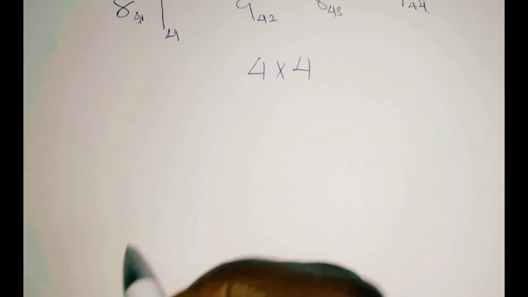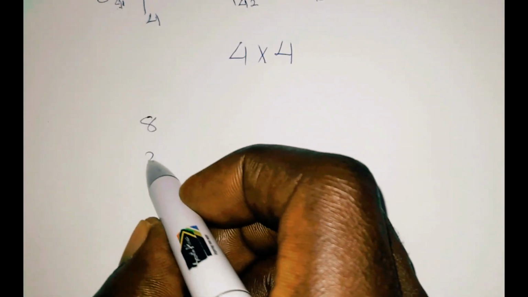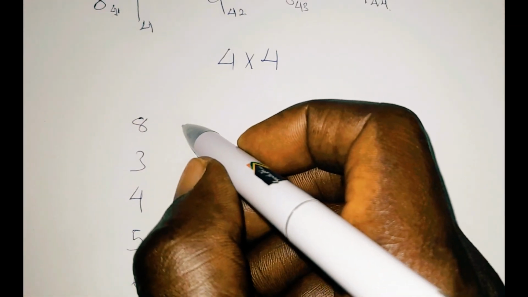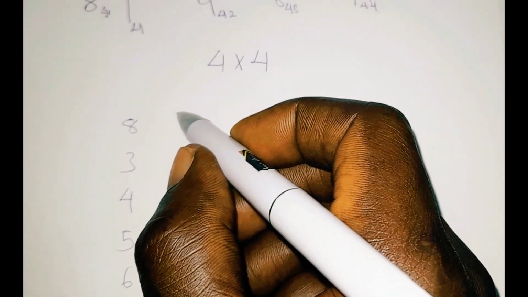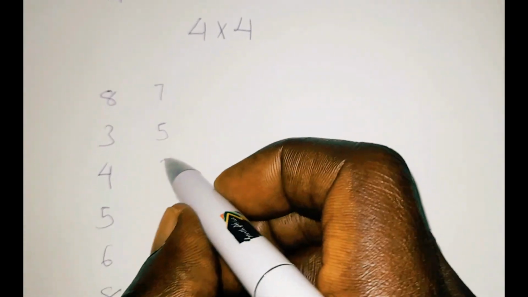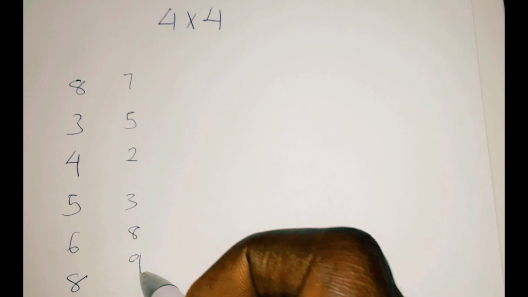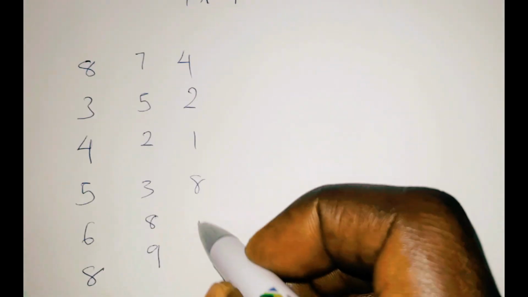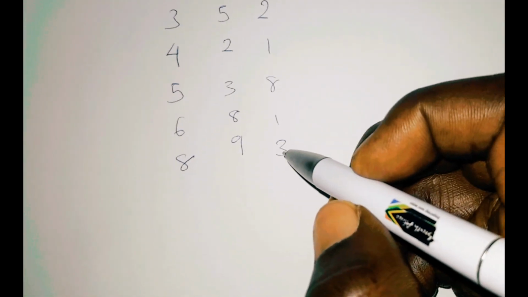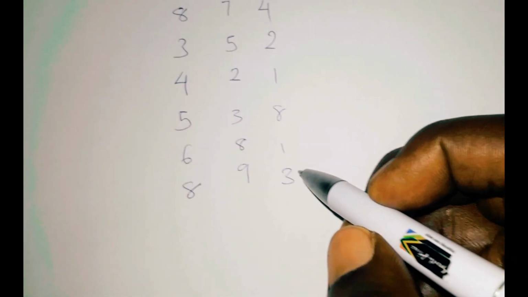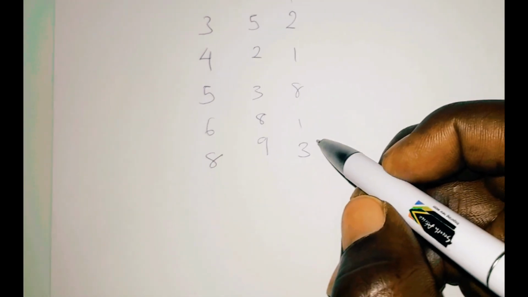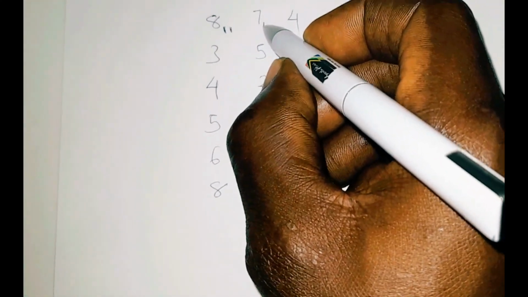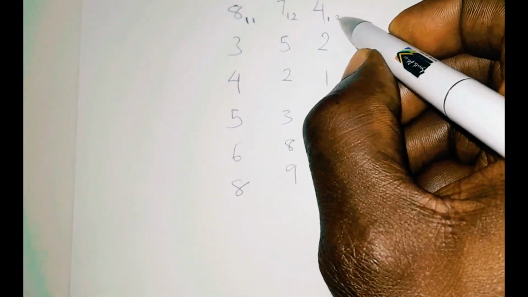We have 8, 3, 4, 5, 6, 8. We have 7, 5, 2, 3, 8, 9, and we have 4, 2, 1, 8, 1, 3. What dimension of matrix is this? To get the dimension of this matrix, we have to break it down by saying row 1, column 1, row 1, column 2, row 1, column 3.